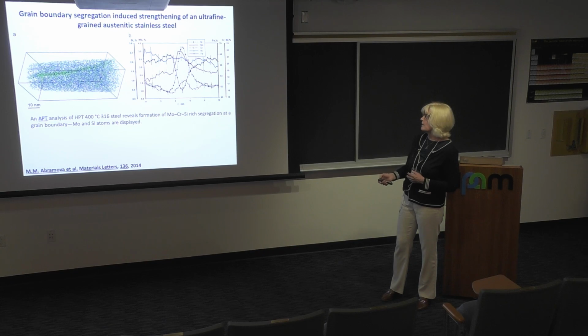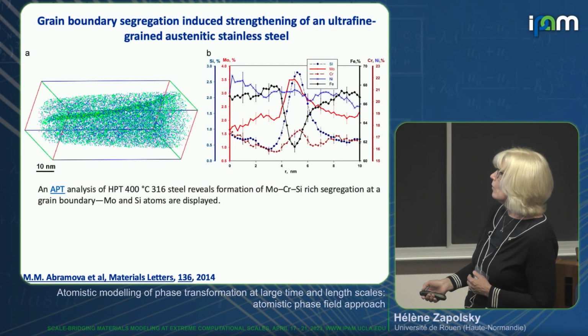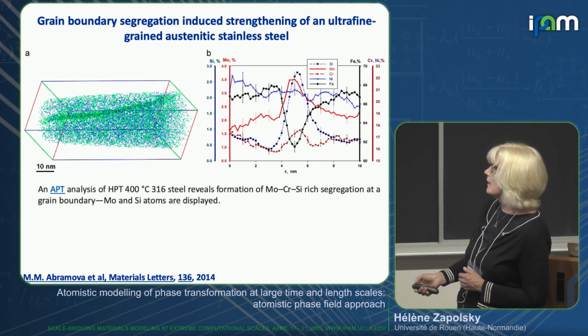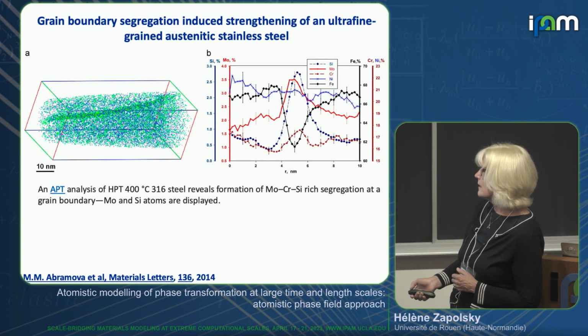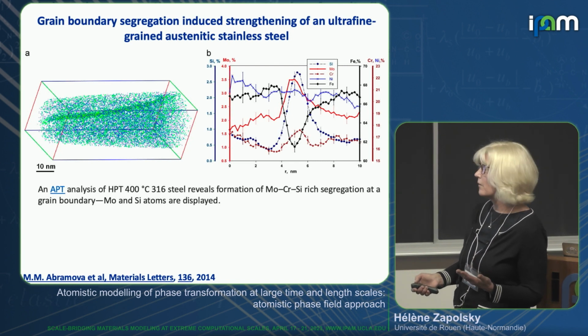In this picture, you can see the atom probe tomography analysis of HPT steel, high pressure torsion steel, aged at 400 degrees C, and we can clearly see the segregation of solute atoms like molybdenum or silicon, which will completely change the properties of this interface.